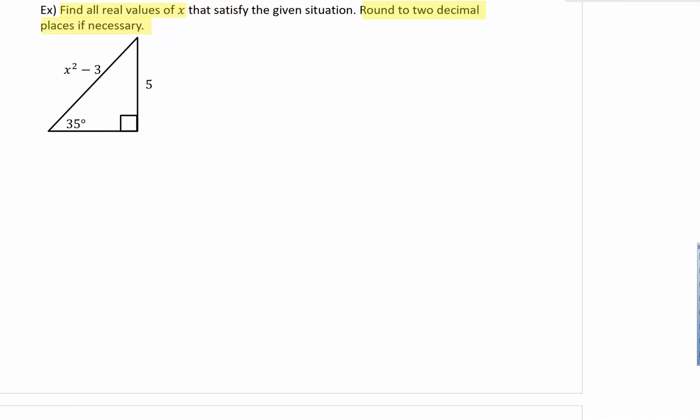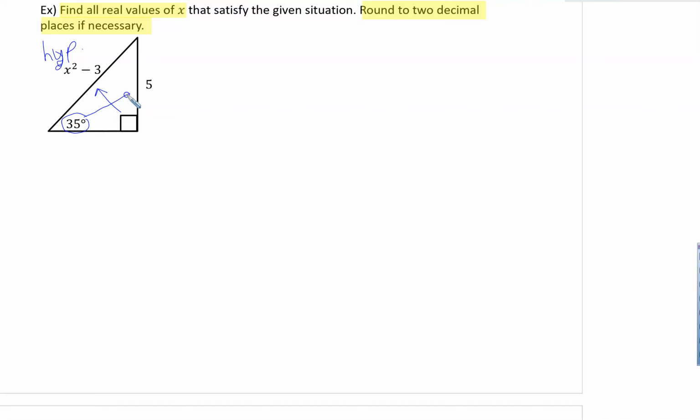First thing we need to do is start by labeling the three sides of our right triangle. Start by labeling your hypotenuse, which is across from your right angle. That would make our x squared minus 3 our hypotenuse. Then I would recommend labeling opposite. Here's our acute angle, 35 degrees.